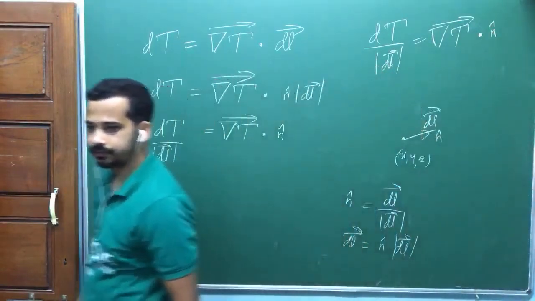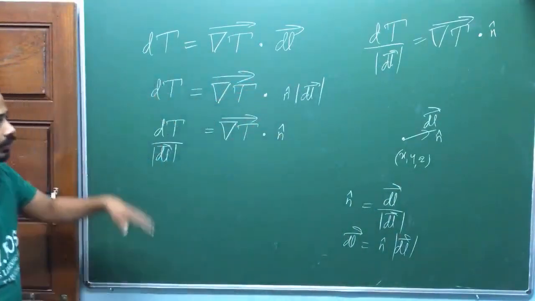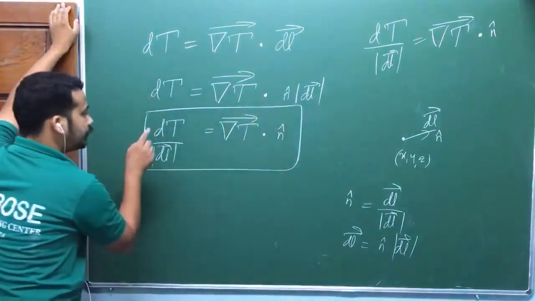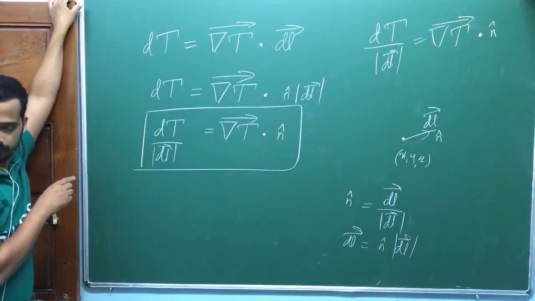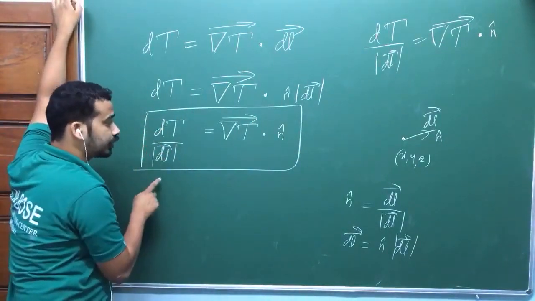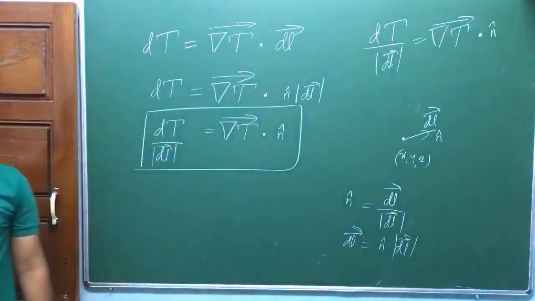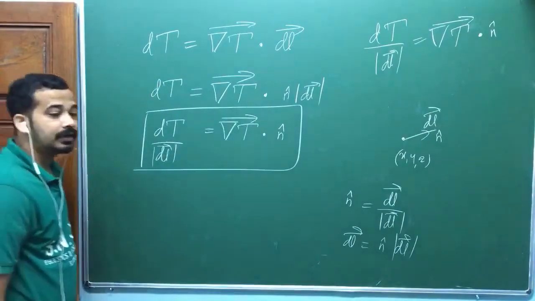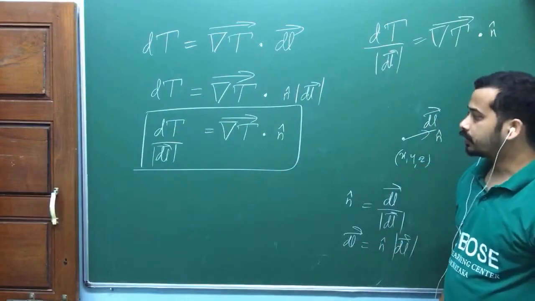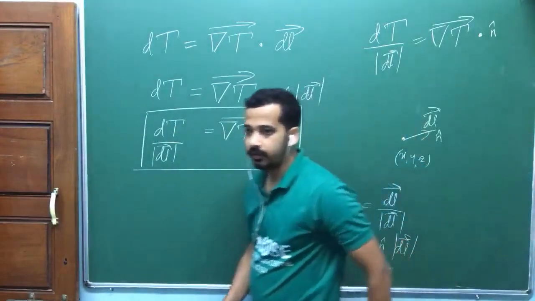This gives the rate of change of T with respect to distance when you move along the n cap direction. We call this the directional derivative.